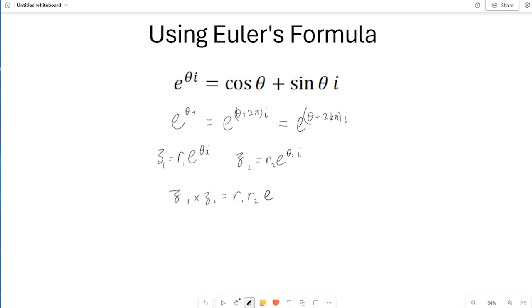As for the exponential part, you essentially have the application of the index law, because you have two exponentials of the same base multiplied together, so you simply add their exponents. This conforms exactly to what we have done with multiplication of complex numbers: when you multiply two complex numbers together, you multiply their moduli and add their arguments.